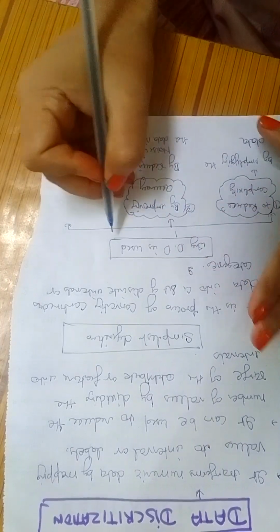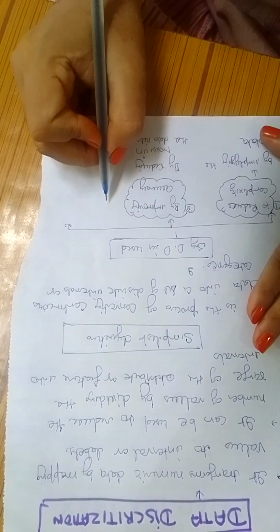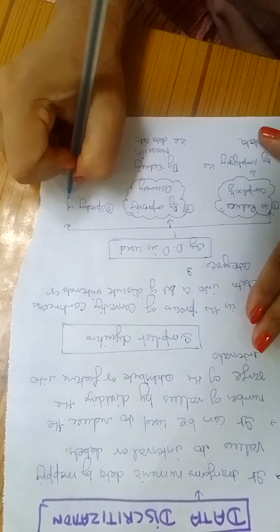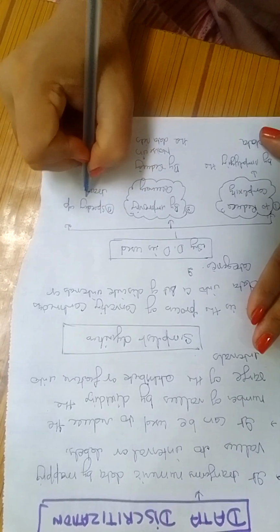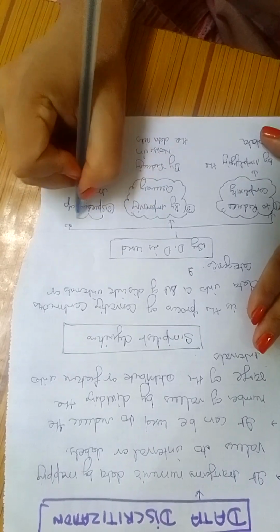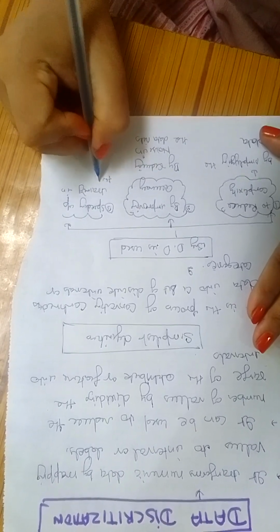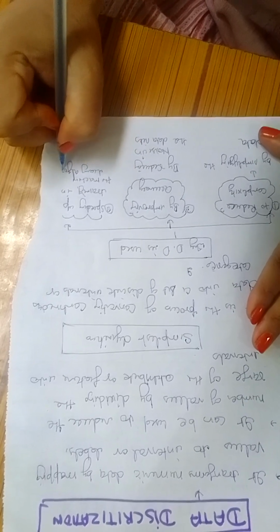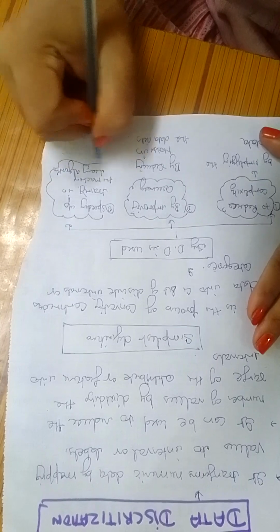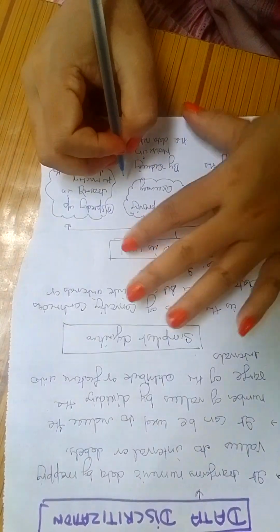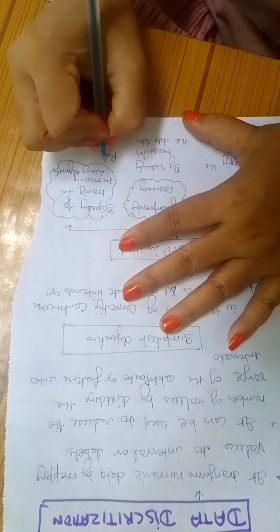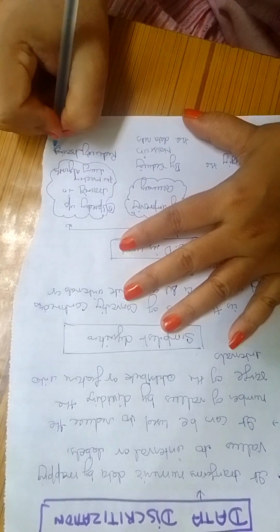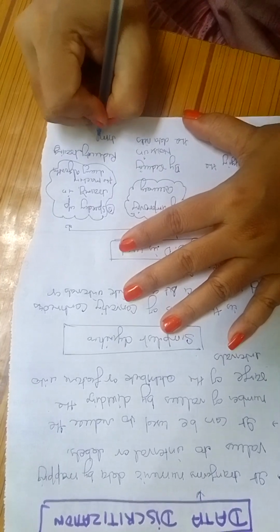So why is data discretization used? For speeding up training in the machine learning algorithm, by reducing training time.